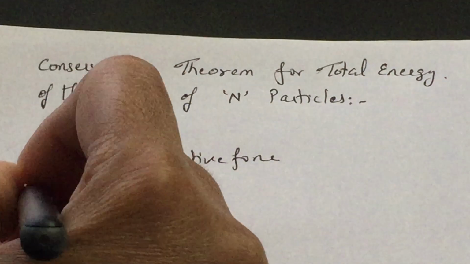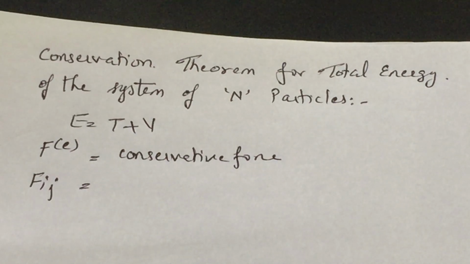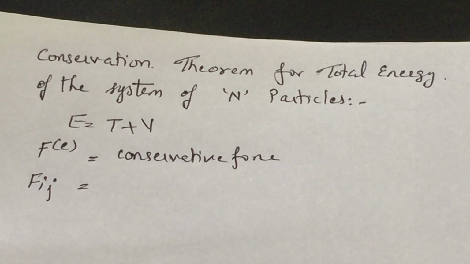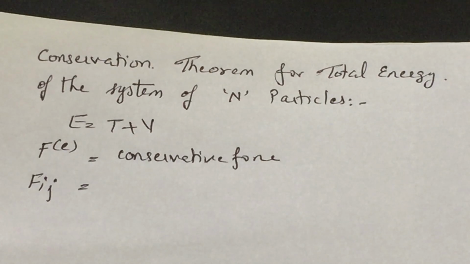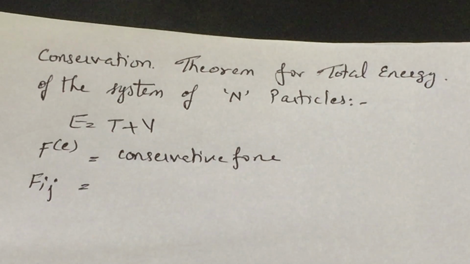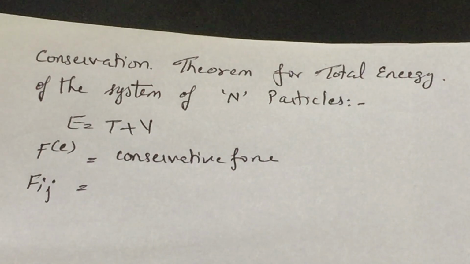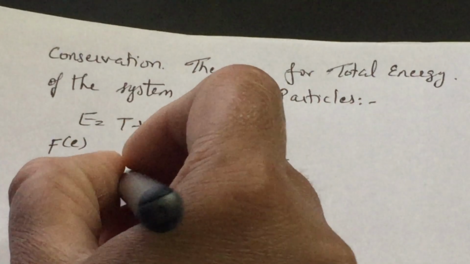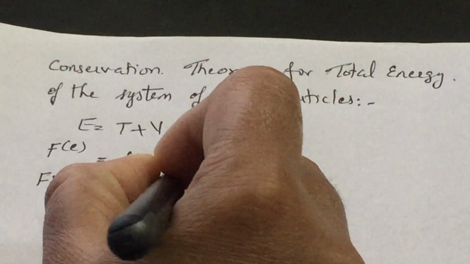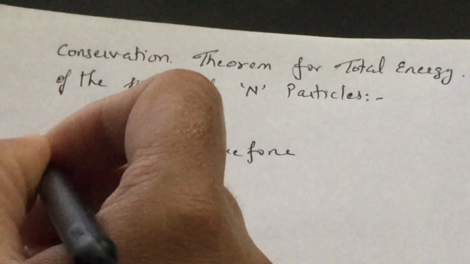Second, the internal forces, that is, the forces due to the mutual interaction between the particles, must be central forces, existing in pairs: if the ith particle applies a force on the jth, the jth also applies a force on the ith. Then these internal forces are central or conservative forces.